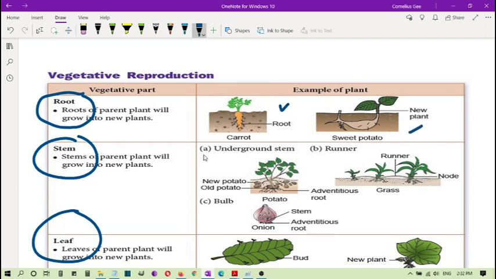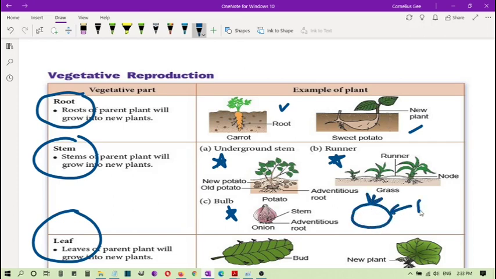For stem, it has many names. They can be called underground stem, or runner, or bulb, depending on the plant. Underground stems like potatoes, runners like strawberry or grasses or lalang. Onion has a bulb, like this.